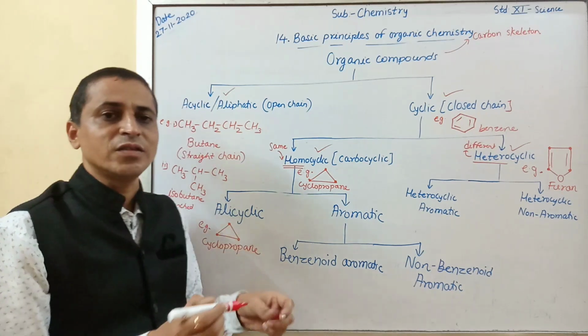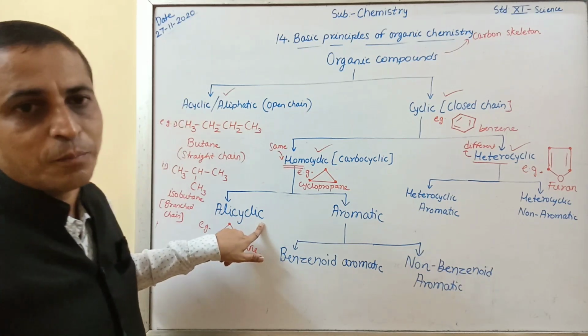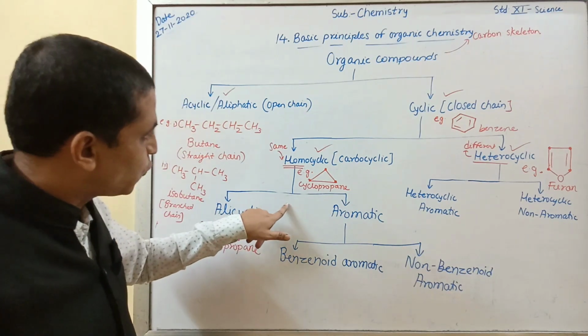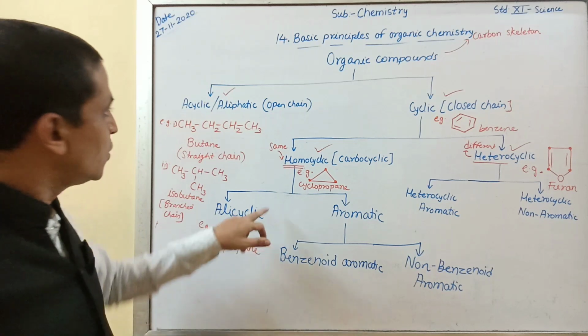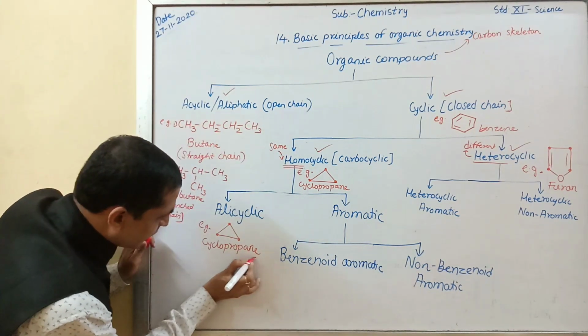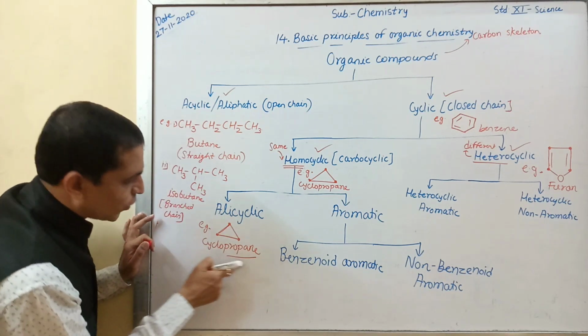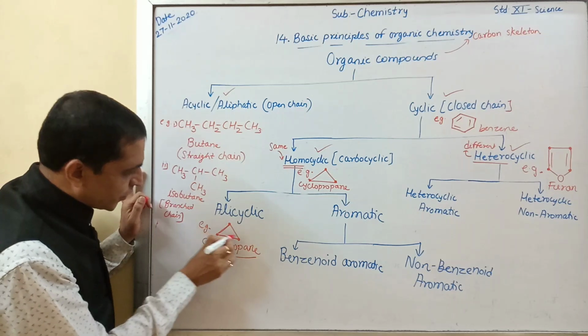Alicyclic compounds are carbocyclic compounds which show properties similar to those of aliphatic compounds, and therefore you take the name propane, and cyclo means closed, cycle. So its name is cyclopropane, and it contains 3 carbon atoms.